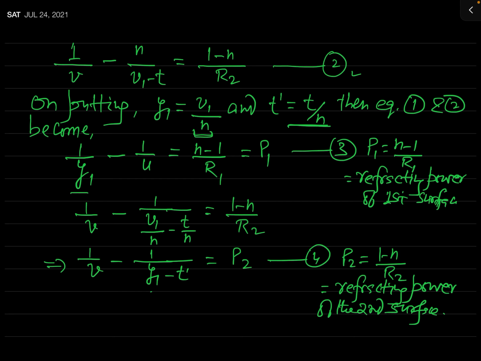You can find the value of y1 from equation 3 and then substitute that value of y1 in equation 4. Then you will make the equation free from y1. And after that we will get a relation between v and u. So from equation 3, you can see this equation 3 says this is 1 over y1 equal to what?